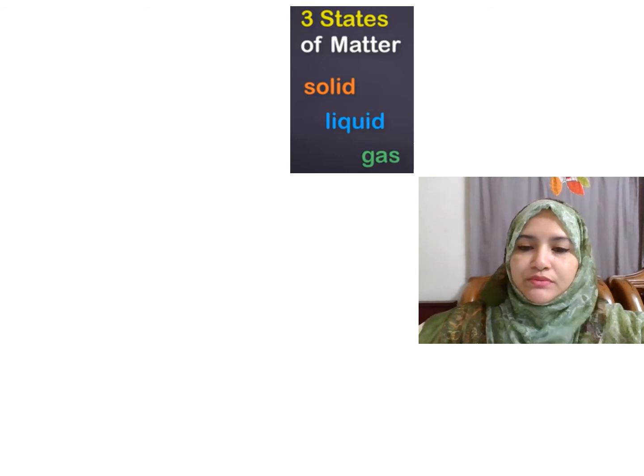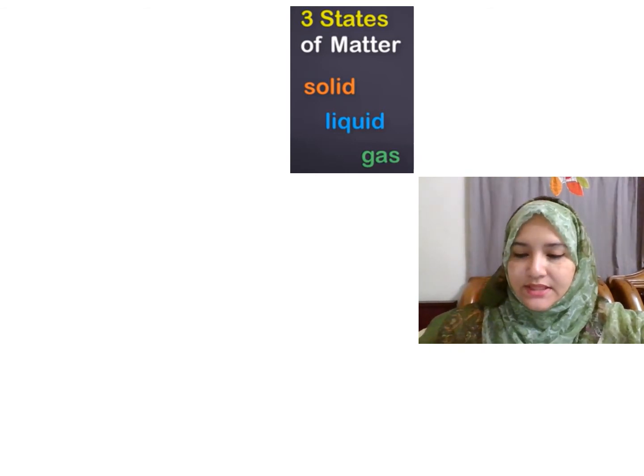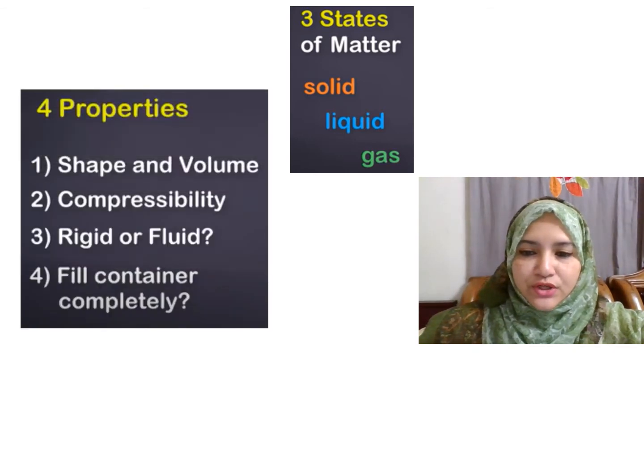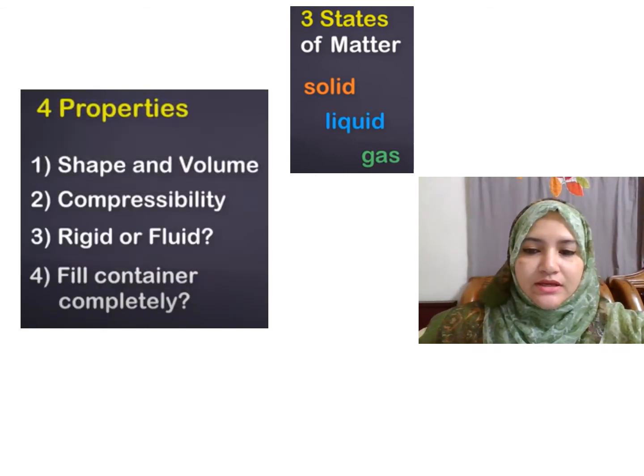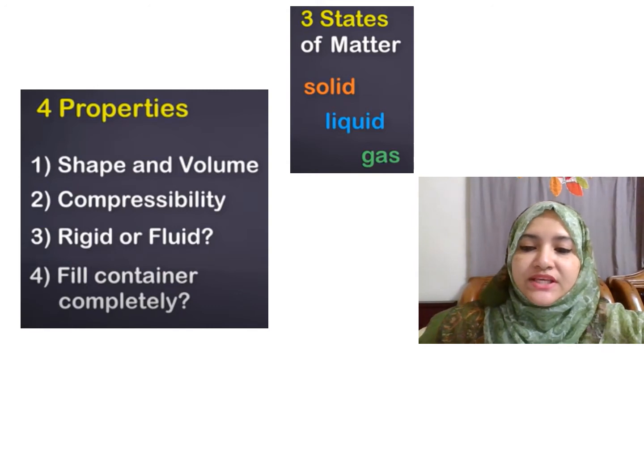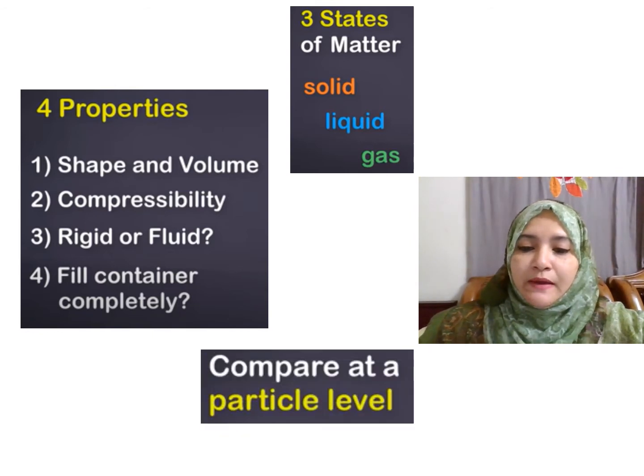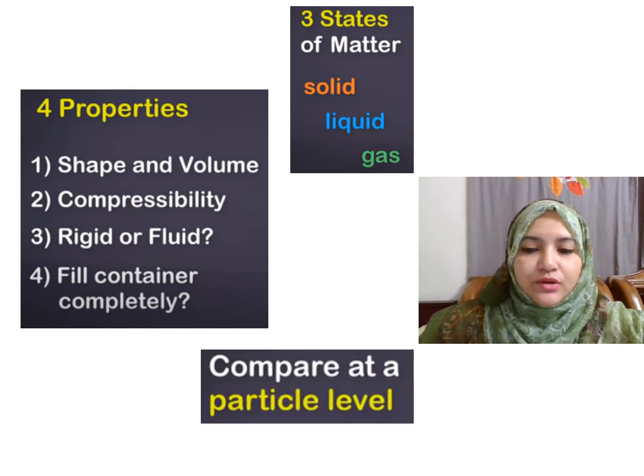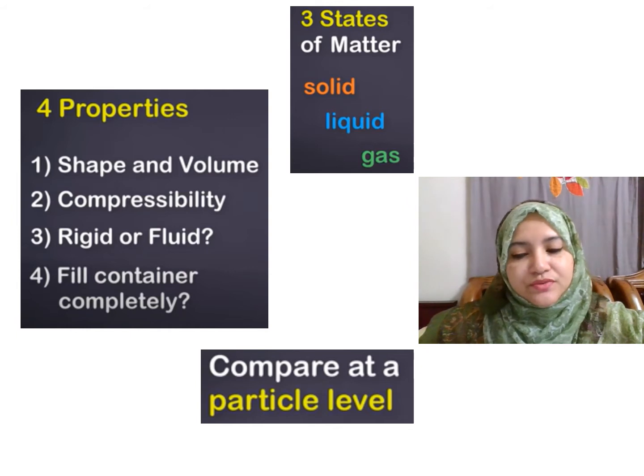We will compare them based on these four properties: shape and volume, compressibility, rigid or fluid, and whether they fill their container completely. After that we will take a deeper look into solids, liquids and gases and compare them at a particle level. Let's start with solid.